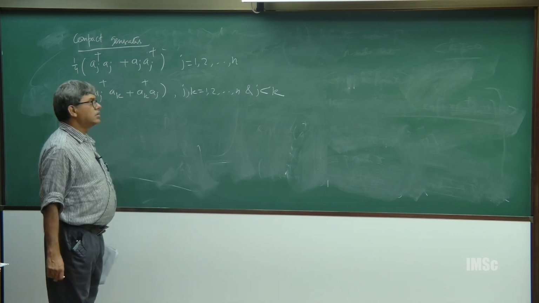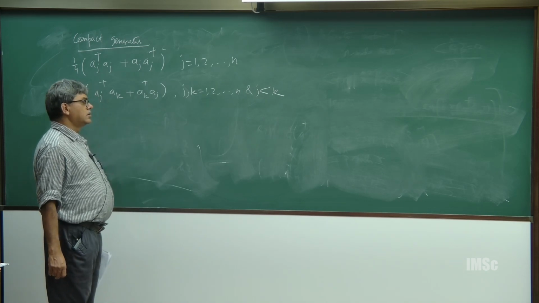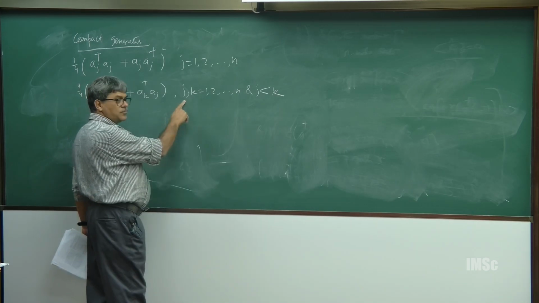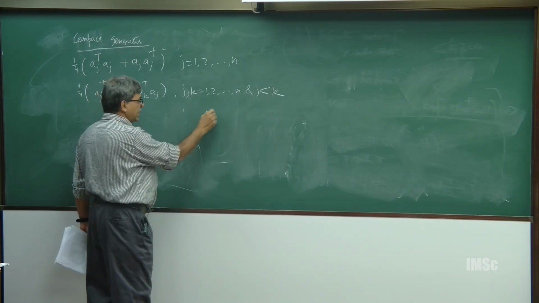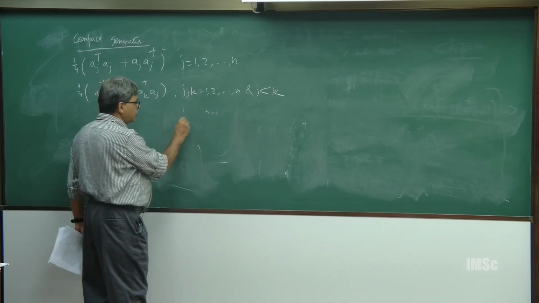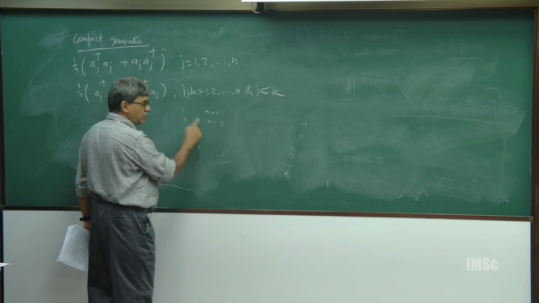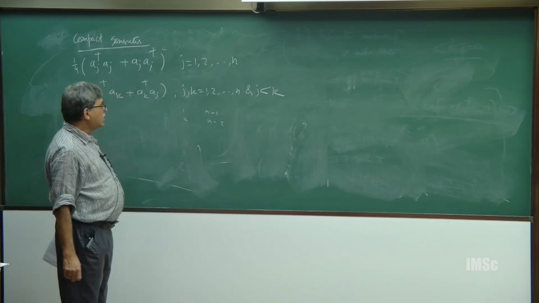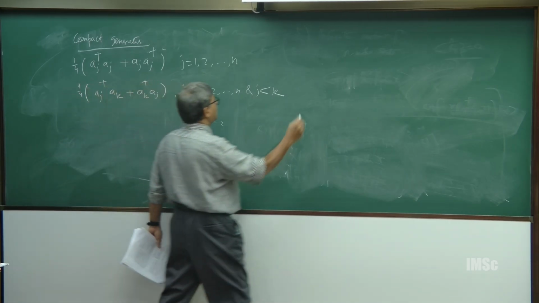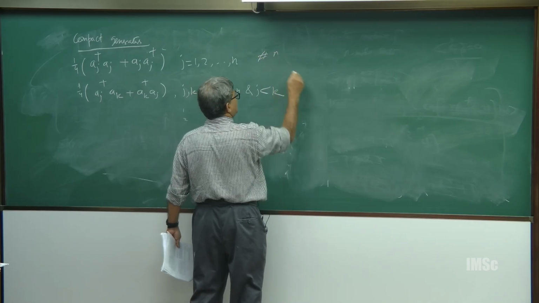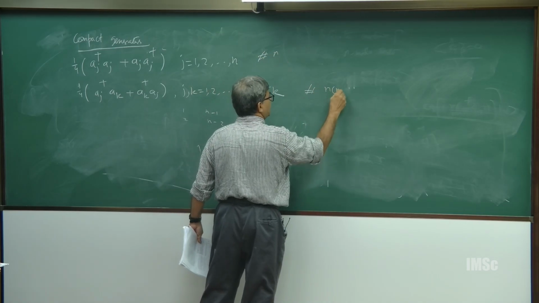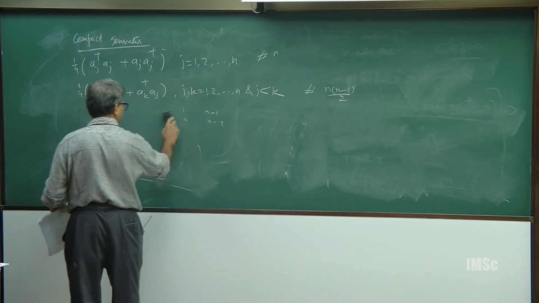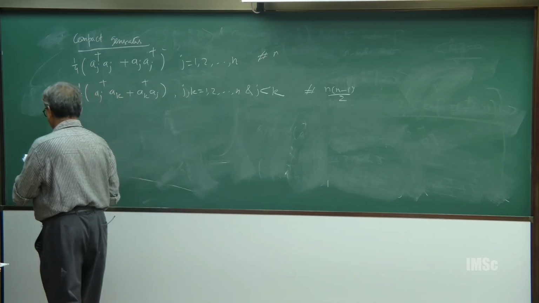For j equal to 1, you will have n minus 1 values of k. If I choose j equal to 2, it will have n minus 2. So you will have to add them, and that is n into (n minus 1) by 2. So this is n in number, and this is n into (n minus 1) by 2, the number of generators.